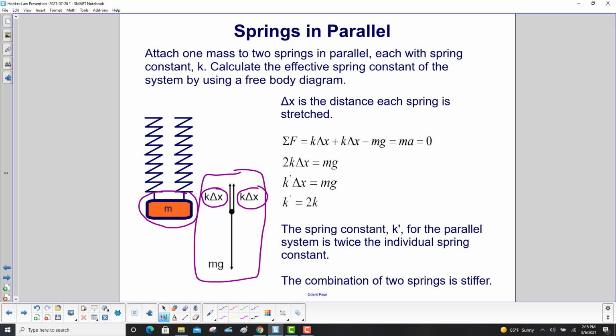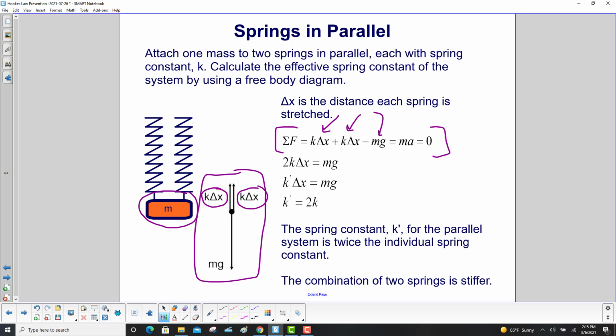So when you do a free body diagram, we sum the forces. We have two forces in the up direction and one in the down direction, mg, and that equals ma, Newton's second law. But it's not moving. We've let it come to rest, so acceleration is 0. So 2k delta x is equal to mg.